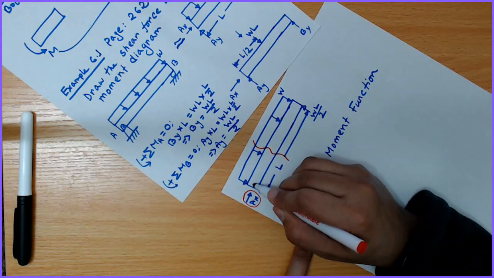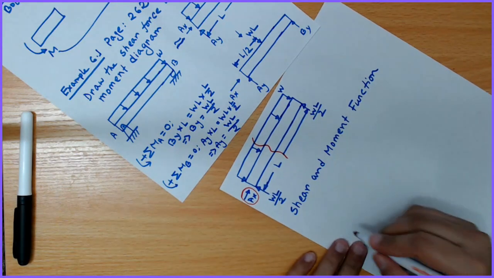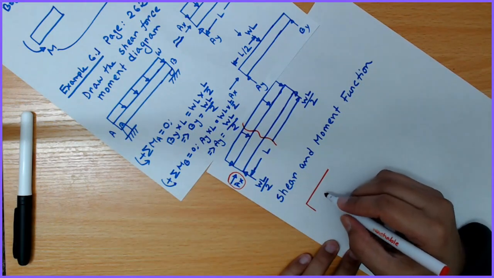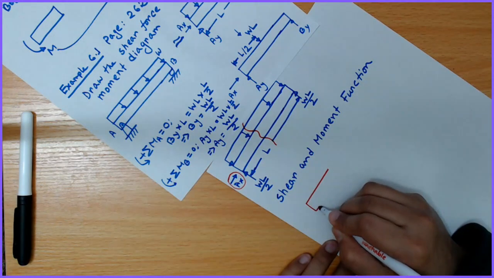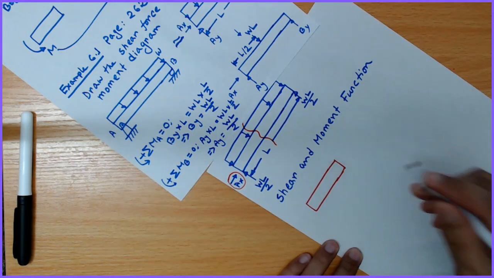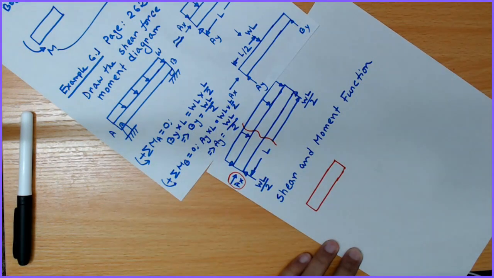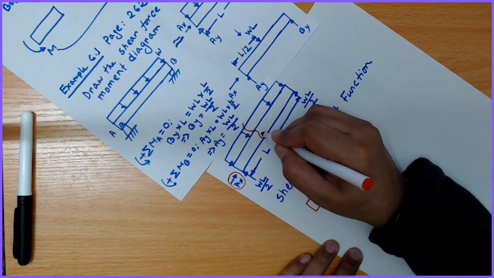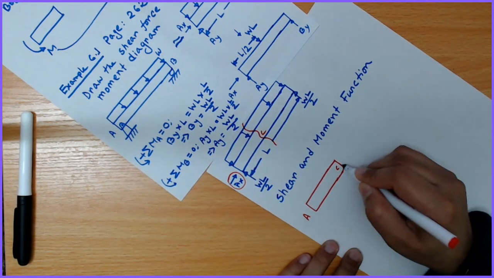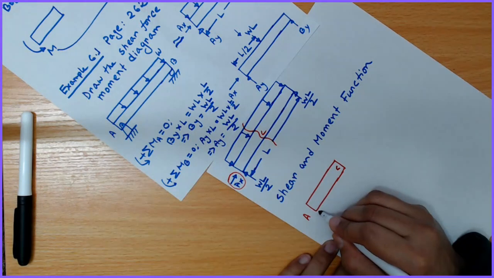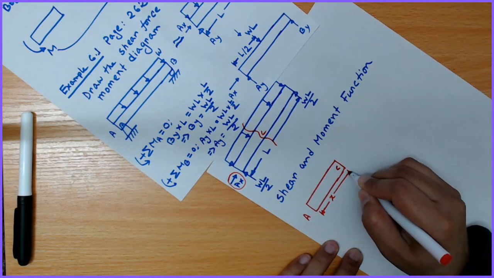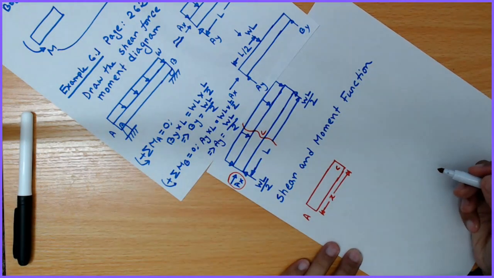Say we cut a segment at point C. So now A, C, and this segment has a distance X. This segment length is X.